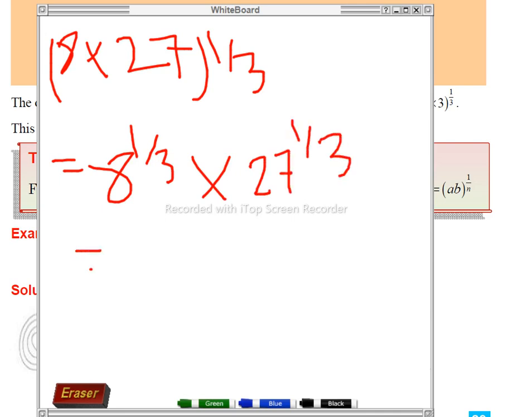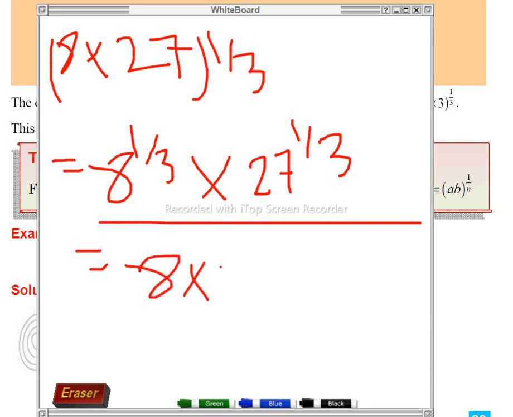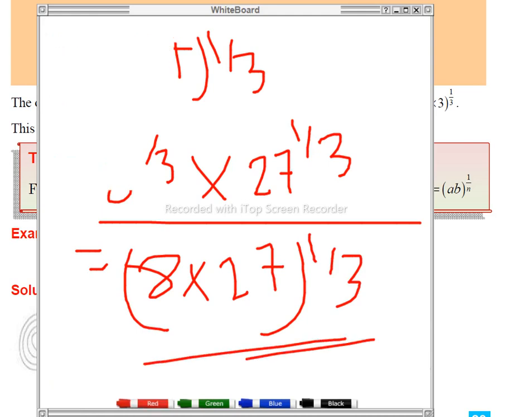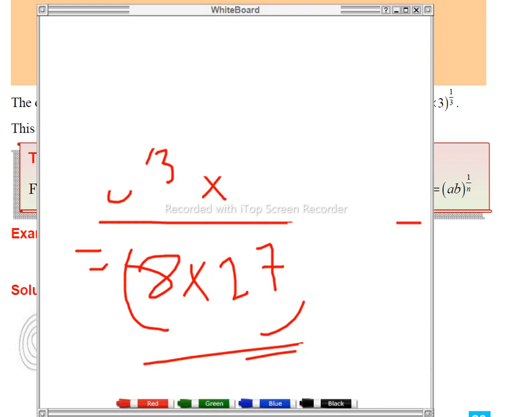We can write this again by taking the common power, and we write it like this as the first way. So the theorem is shown with this example.